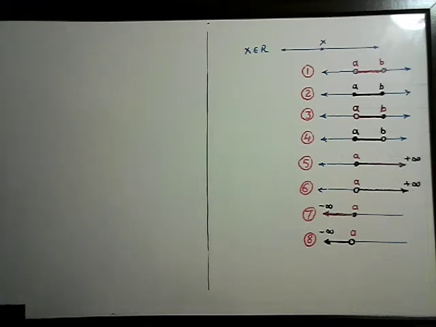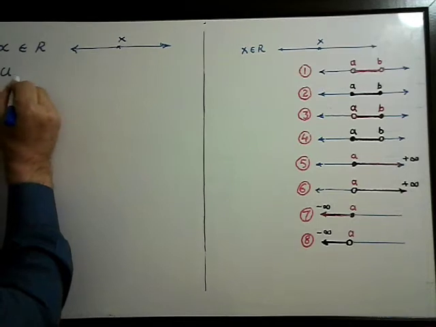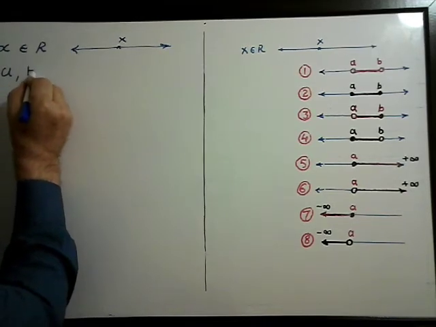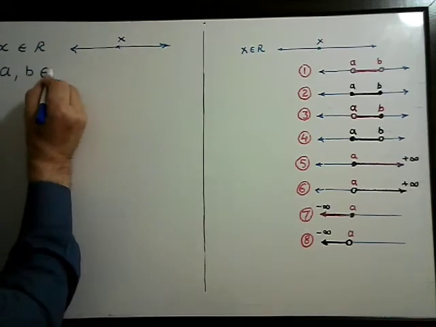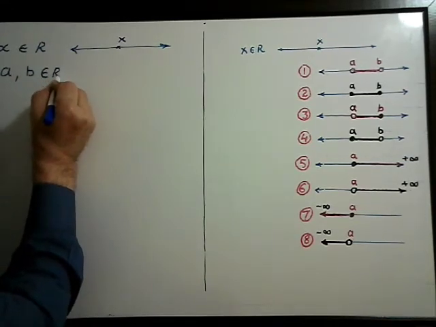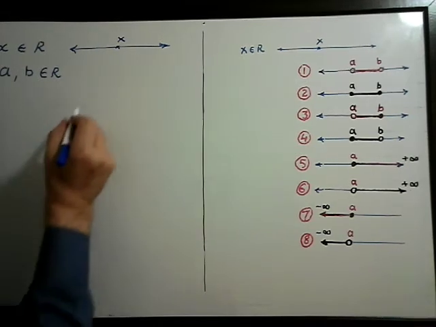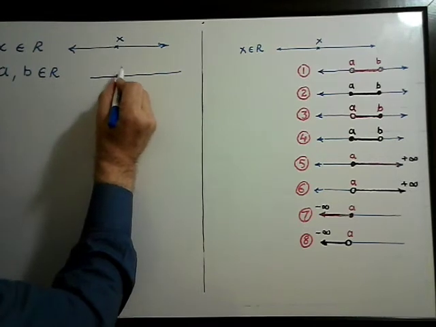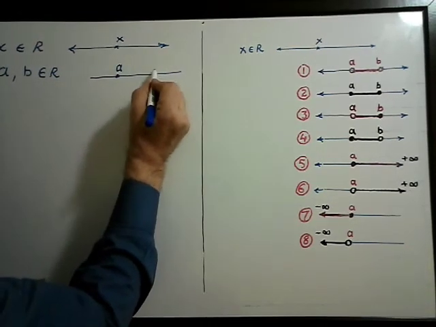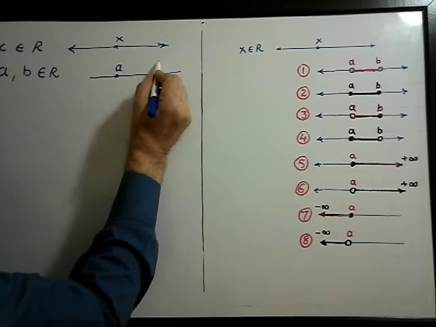So if we consider any number, it can be represented by a point on this line. We can say numbers like a and b belong to the real numbers R, and they lie here, a here and b here.